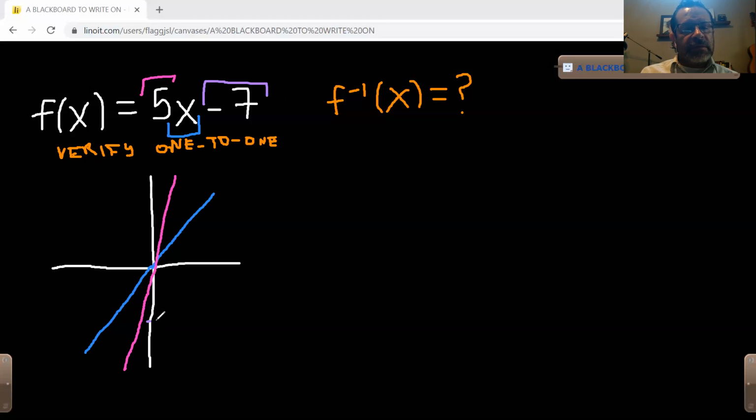I'm just going to mark it here that roughly here is -7. And where it crosses the x-axis is at 7/5, so I'm just going to mark it around here. That would be the intercept.